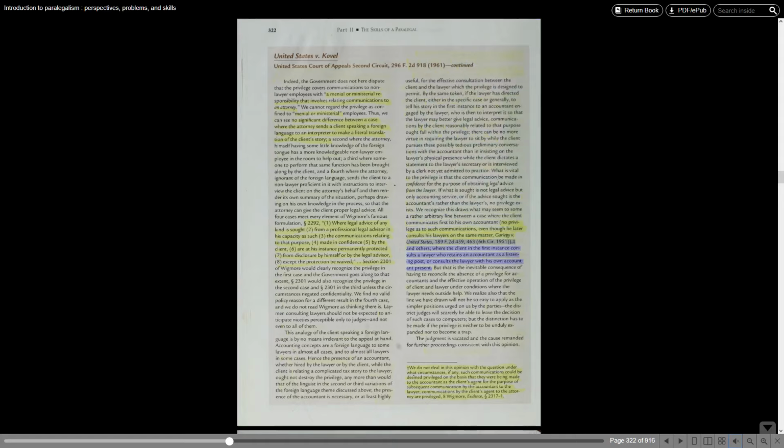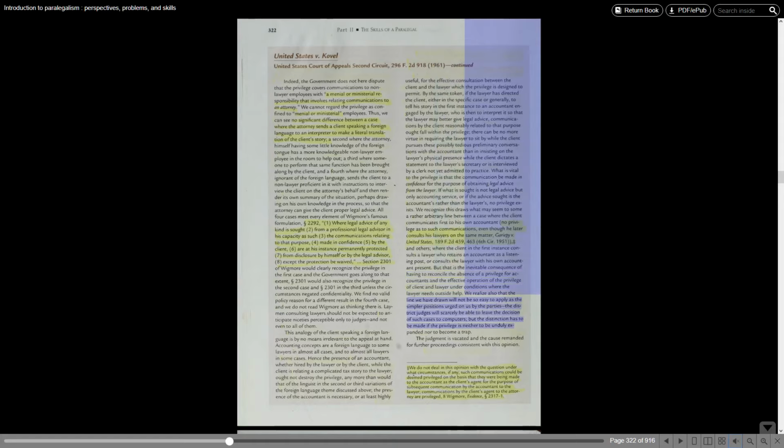United States, 189 F.2d 459, 463, 6th Circuit, 1951, and others, where the client in the first instance consults a lawyer who retains an accountant as a listening post, or consults the lawyer with his own accountant present. But that is the inevitable consequence of having to reconcile the absence of a privilege for accountants and the effective operation of the privilege of client and lawyer under conditions where the lawyer needs outside help.